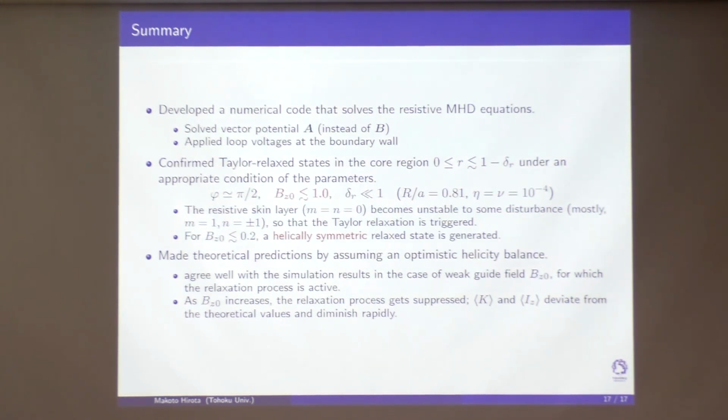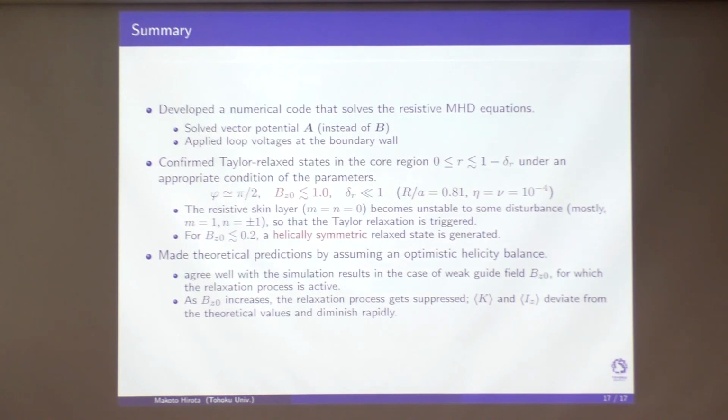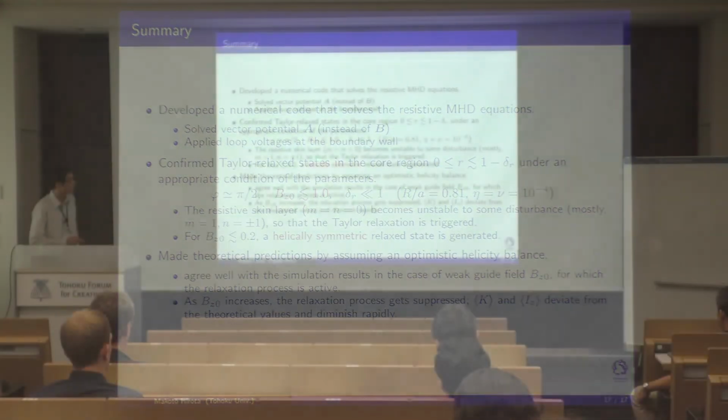And only when the guide field is less than 1, we observe the efficient relaxation process. And if Bz is less than 0.2, we also observe a helically symmetric relaxed state. And we also made some theoretical prediction about the magnitude of the relaxed state.